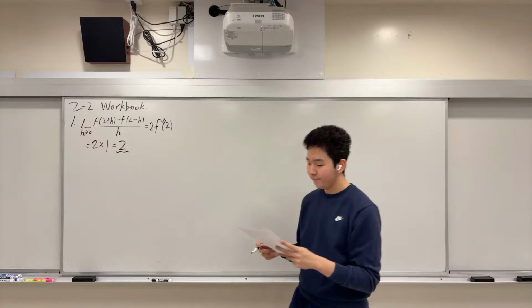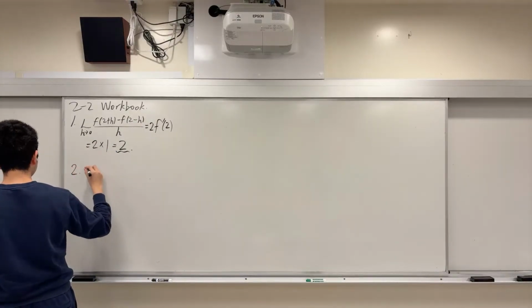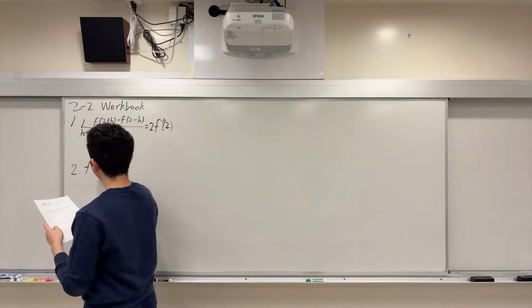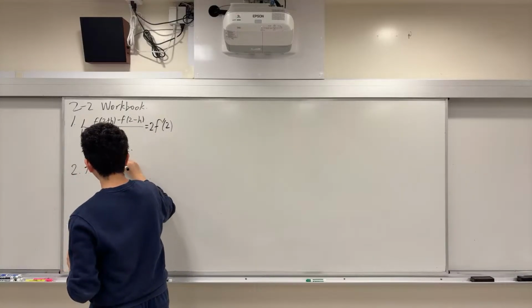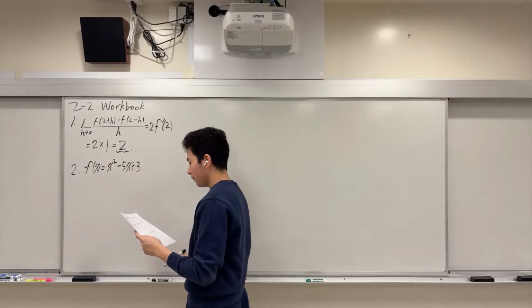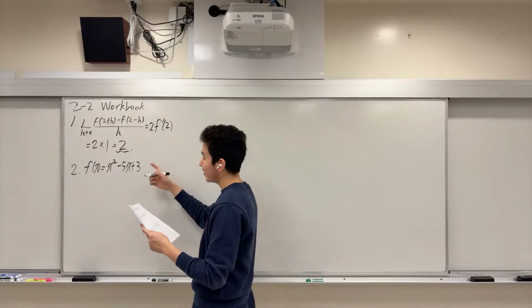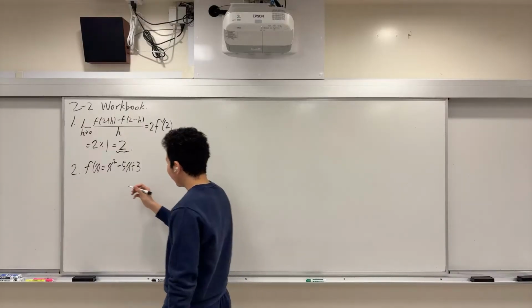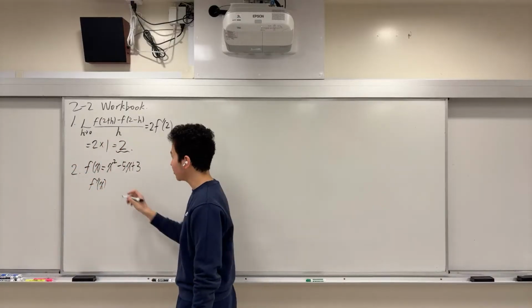the slope of the tangent line drawn from a comma b, a point on the graph f of x equals x squared minus 5x plus 3, is 3. So the slope of the tangent line you can find from f prime of x. Our first step would be to differentiate the function.